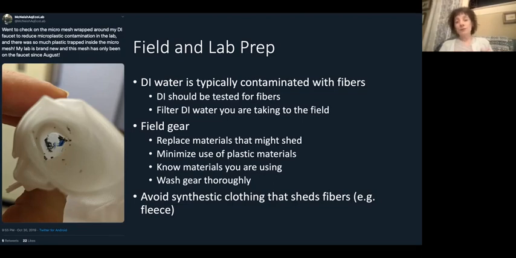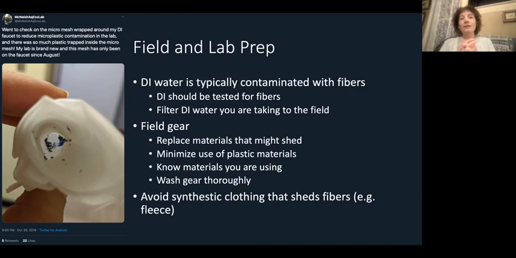Avoiding synthetic clothing is really important. Fleece is like a microplastic researcher's worst enemy. As much as fleece is great, I live in the Pacific Northwest. Fleece is the best thing to keep you warm on those cold, damp days, which there are a lot of in Oregon, but it's really pretty bad for microplastics research.